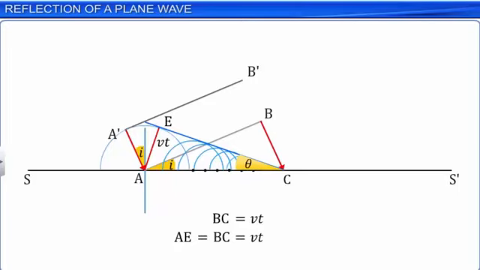The two triangles AEC and ABC are right-angled triangles with a common side AC, and with two other equal sides AE and BC. Therefore, these two triangles are congruent. Hence, the angle BAC is equal to the angle ACE. This means the angle of incidence i is equal to the angle of reflection theta. This is the law of reflection.